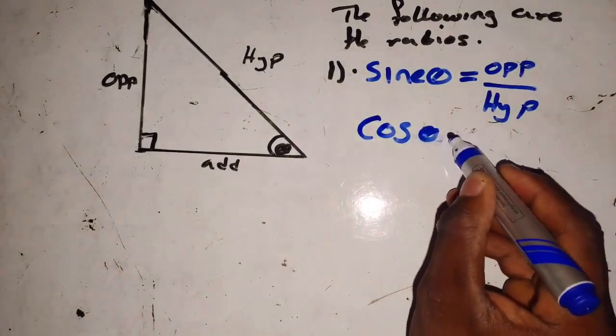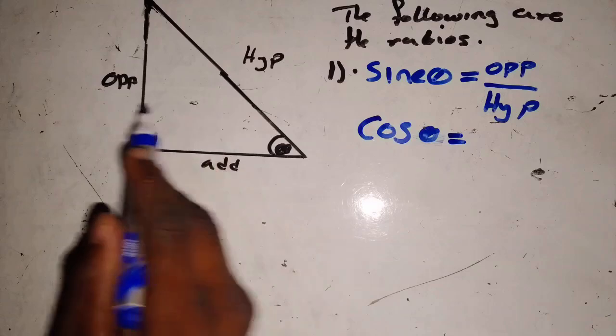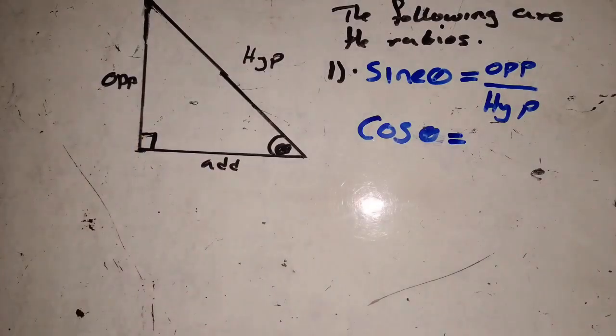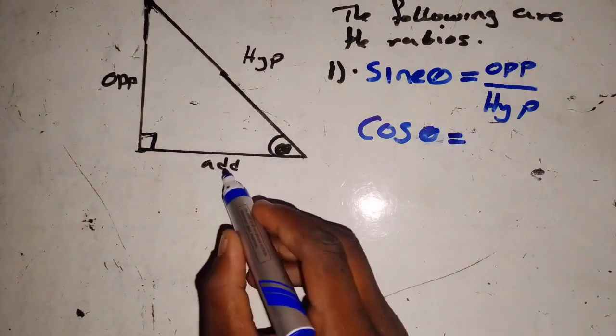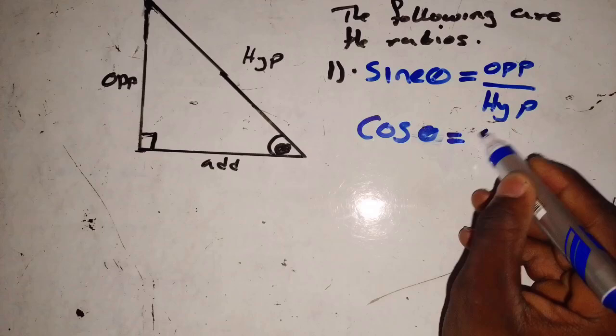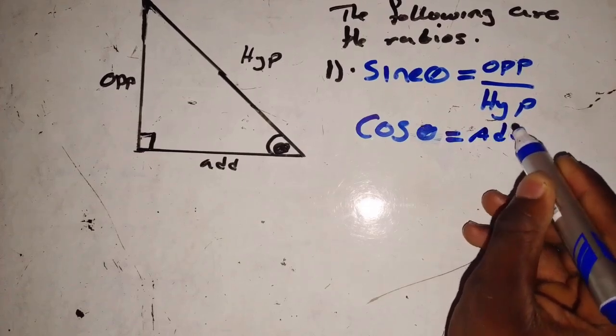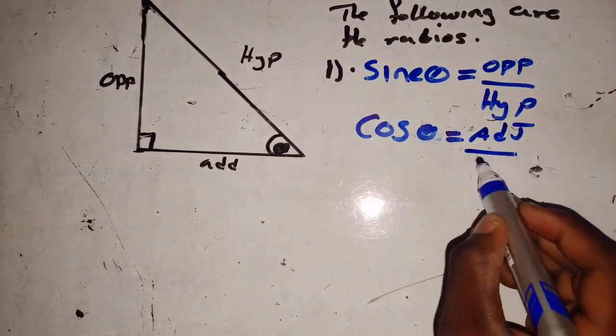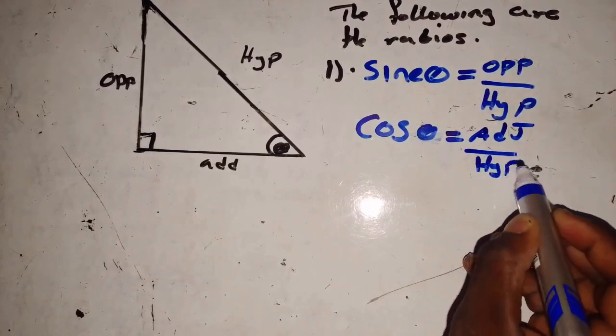Cos theta is equal to adjacent over hypotenuse. Make sure you master these, because in the exam they won't bring these things. They must be in your mind. So cos theta is equal to adjacent, which is this one, divided by hypotenuse.